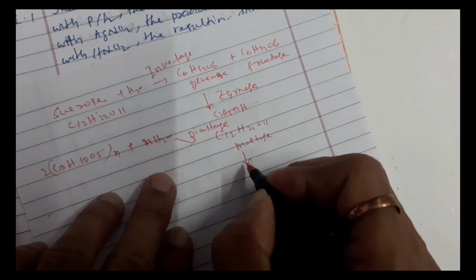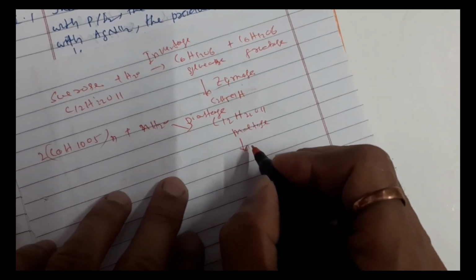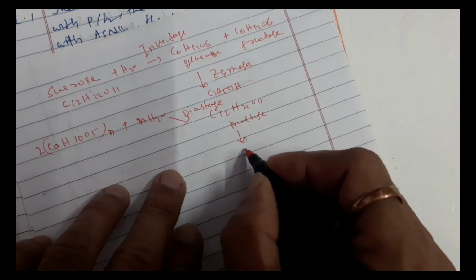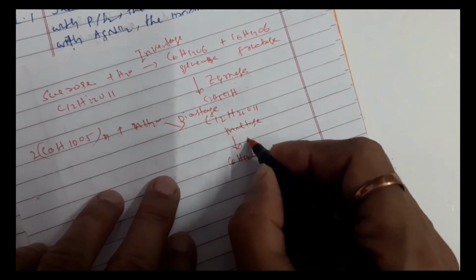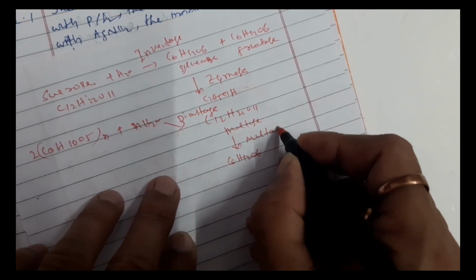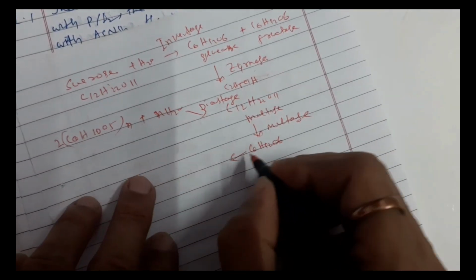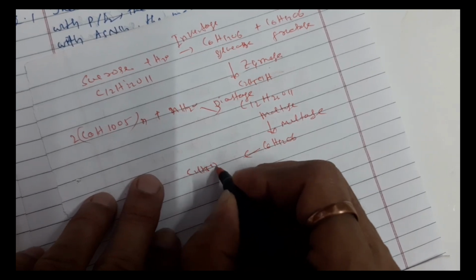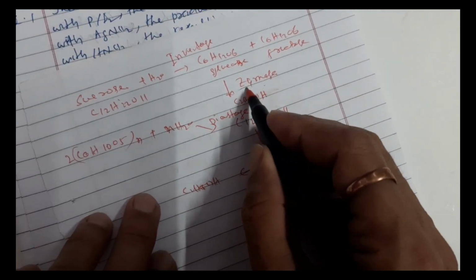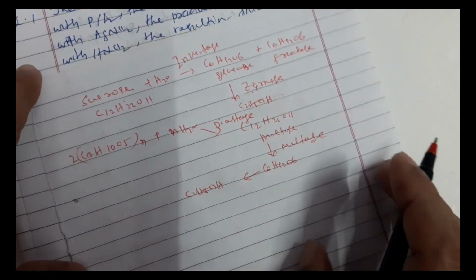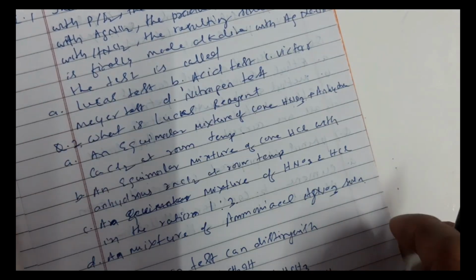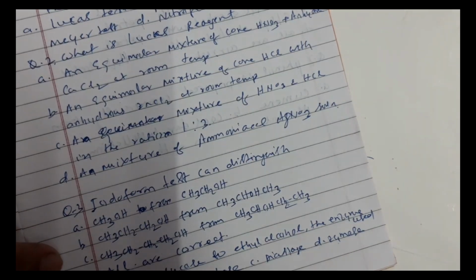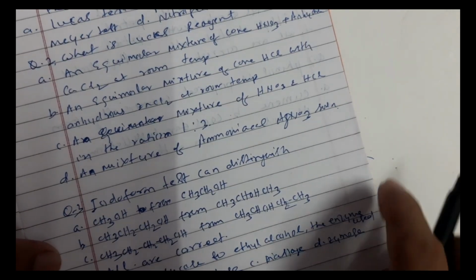Then from maltose to glucose, C6H12O6, the enzyme used is maltase. Again, from glucose to ethyl alcohol, the enzyme used is zymase. So glucose to ethyl alcohol, always zymase. Okay. So for this question, from glucose to ethyl alcohol, the enzyme is zymase. So D is the correct answer.